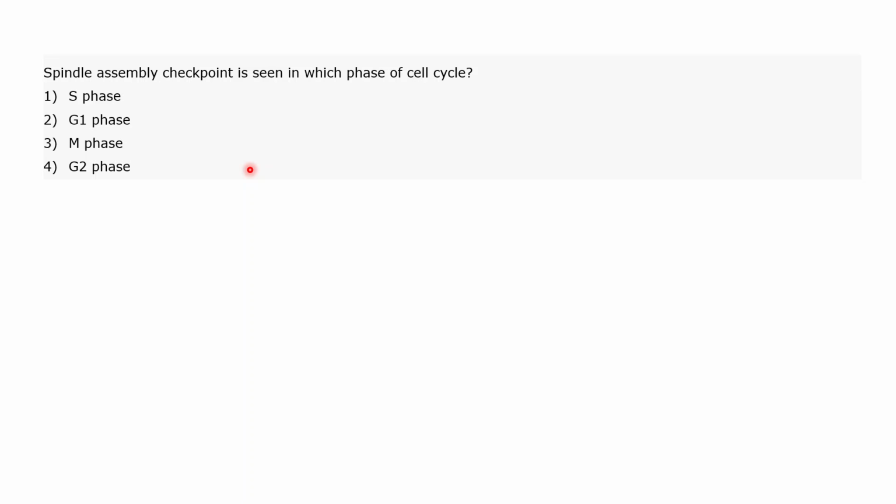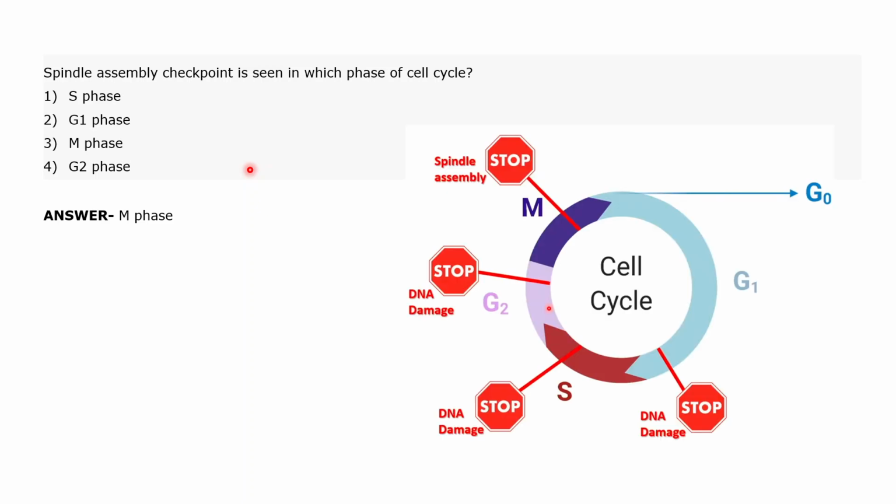Okay, so basically you are right. The answer to this question is M phase. Several checkpoints are present in different phases of the cell cycle, right? One of the most important checkpoints is the spindle assembly checkpoint.